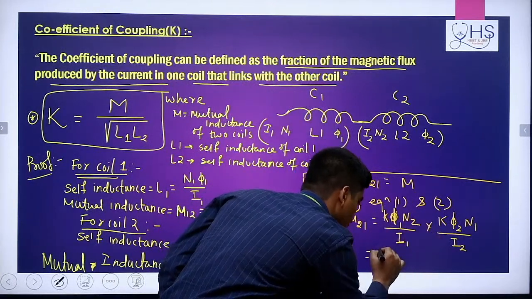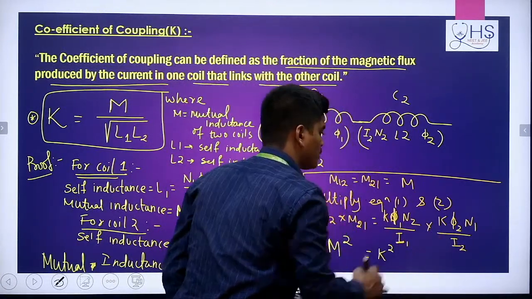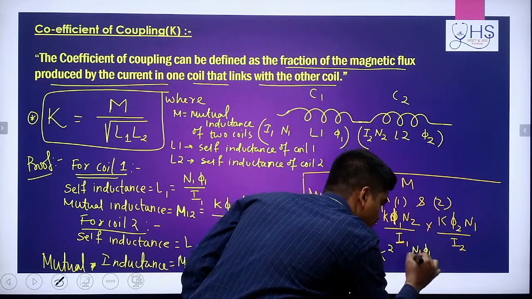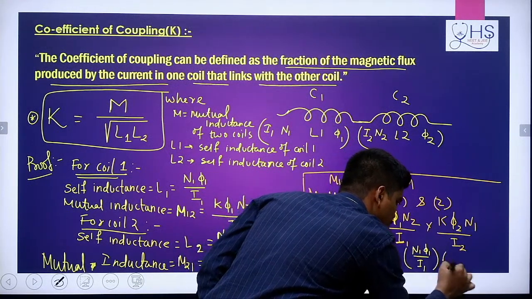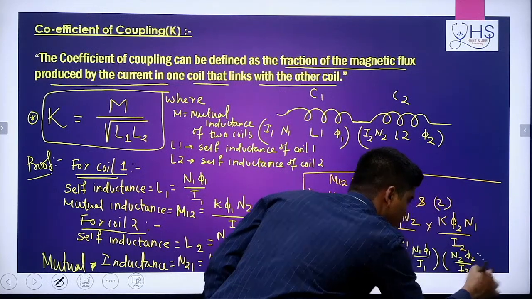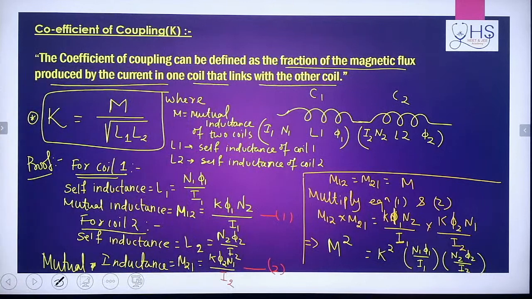K and K multiply to become K square. Here arrange N1 phi 1 by I1, and here arrange N2 phi 2 by I2. N1 phi 1 by I1 is the self inductance L1, and N2 phi 2 by I2 is the self inductance L2.